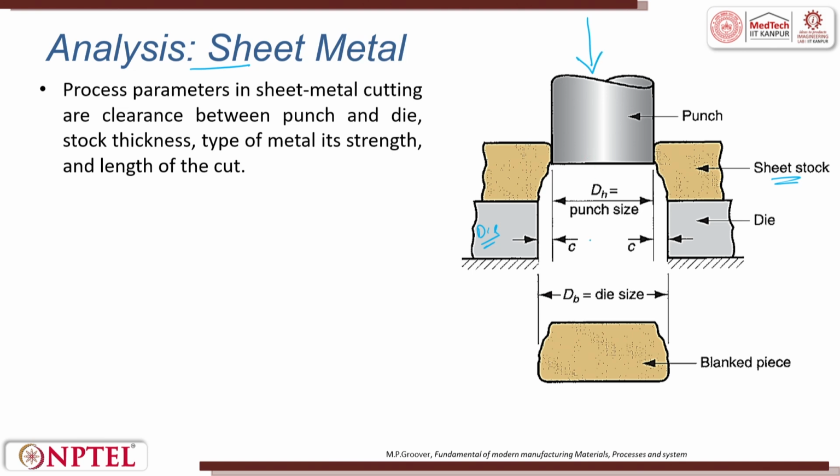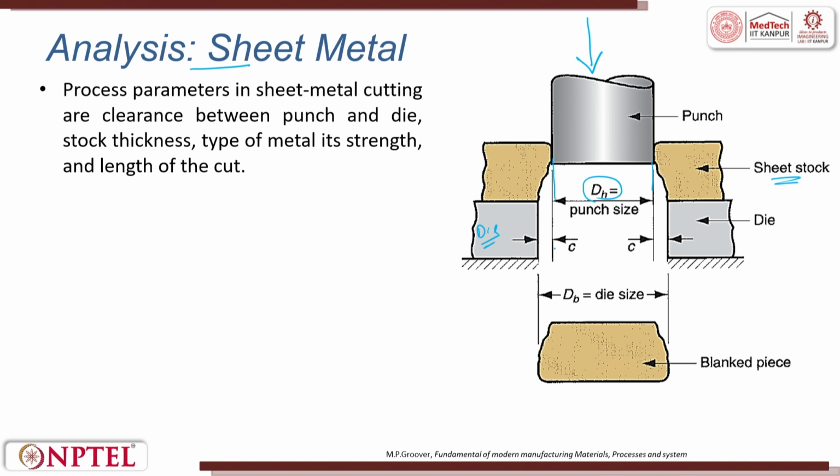When the punch moves downward, it does whatever operations we said, shearing, fracturing, all these things happen, and then it brings out the blank piece. If the blank piece is further used, it becomes a blank, or if it is a scrap, then it becomes a slug. Here what you have is a diameter, which is the punch diameter.